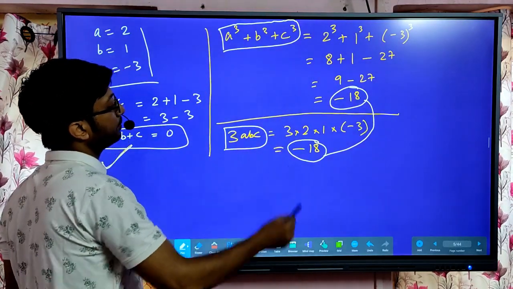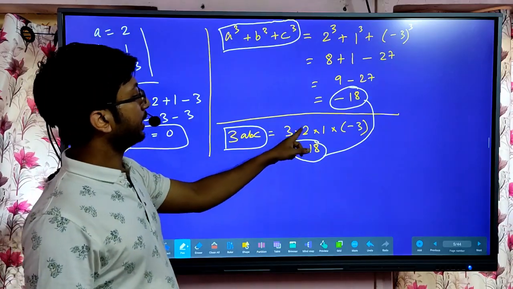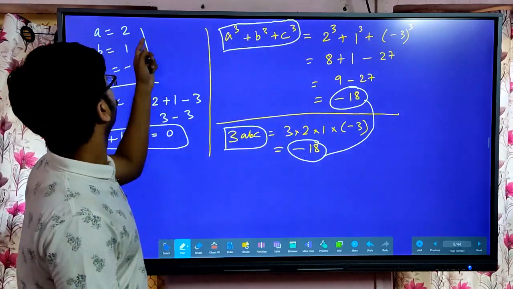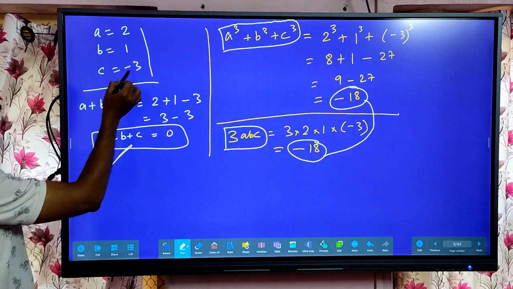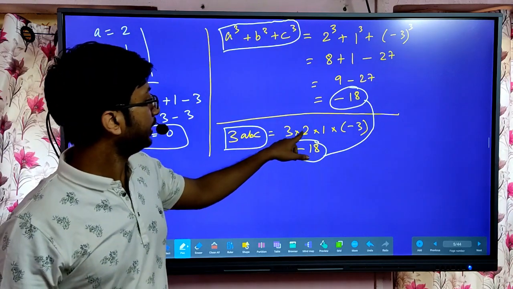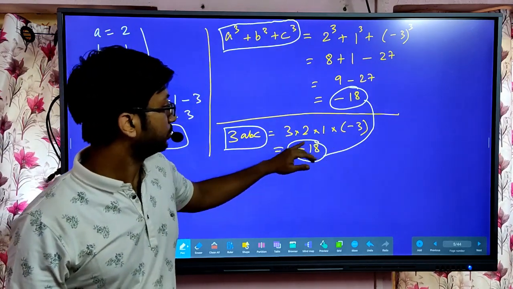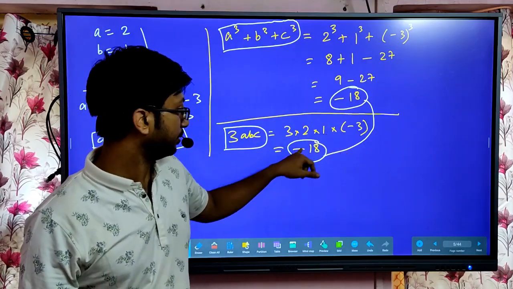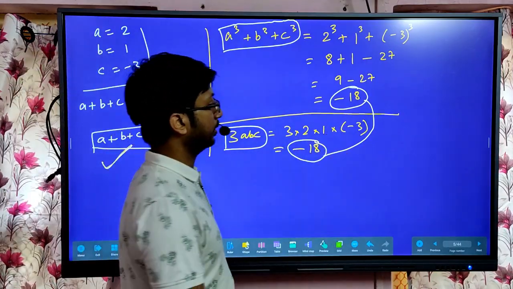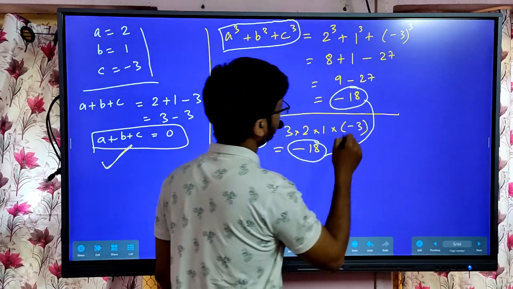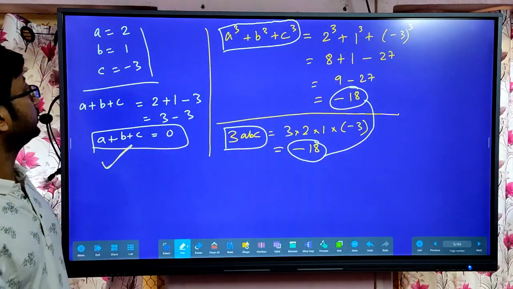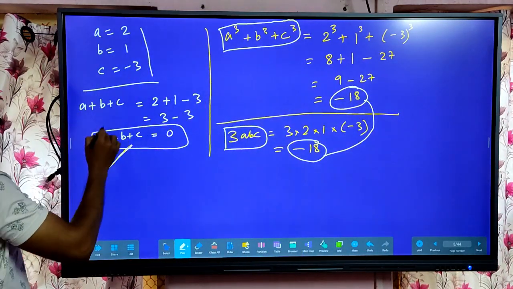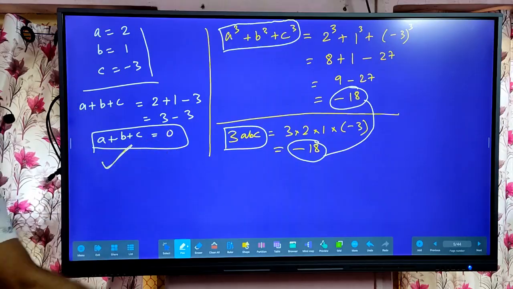Now it is 3abc. 3 into a, a is 2, b is 1, c is minus 3. So 3abc will be 3 into 2 is 6, 6 into 3 is 18. So minus will remain, minus 18. So these are equal. So these are matching. Why matching? Because this sum a plus b plus c is equal to 0.